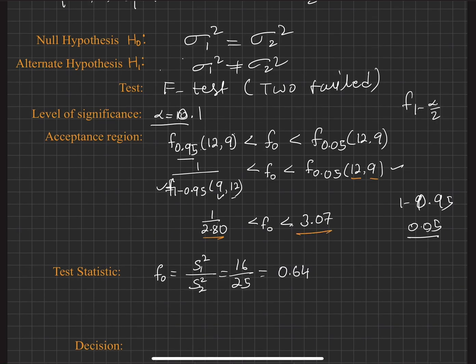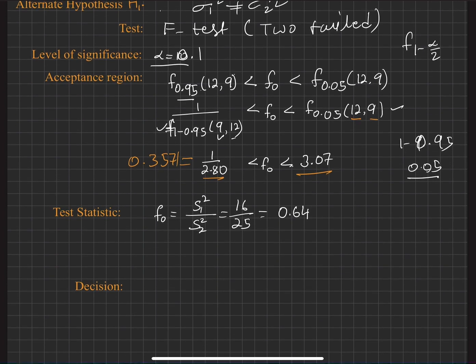So the acceptance region will be 1 by 2.8, which is 0.3571, less than F naught, less than 3.07.